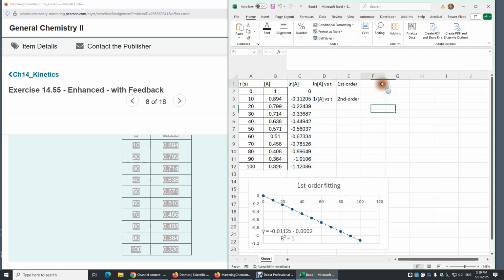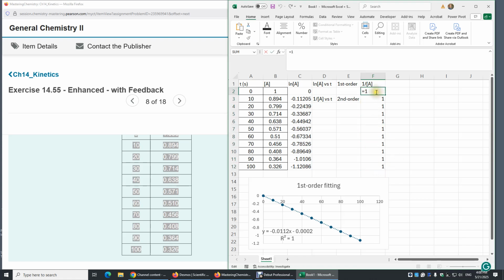This time we need 1 over A. This equation will be given to you in the exam, but you need to know how to analyze data. Equals 1 divided by A over here.